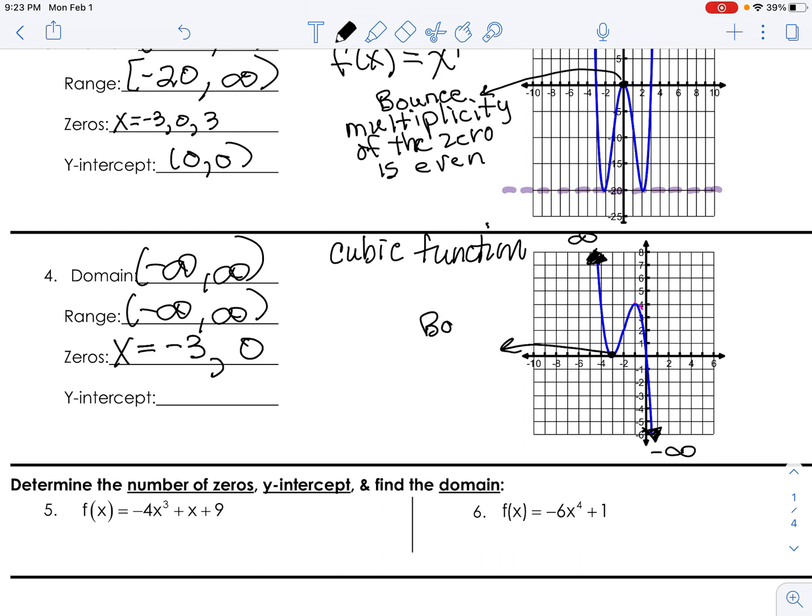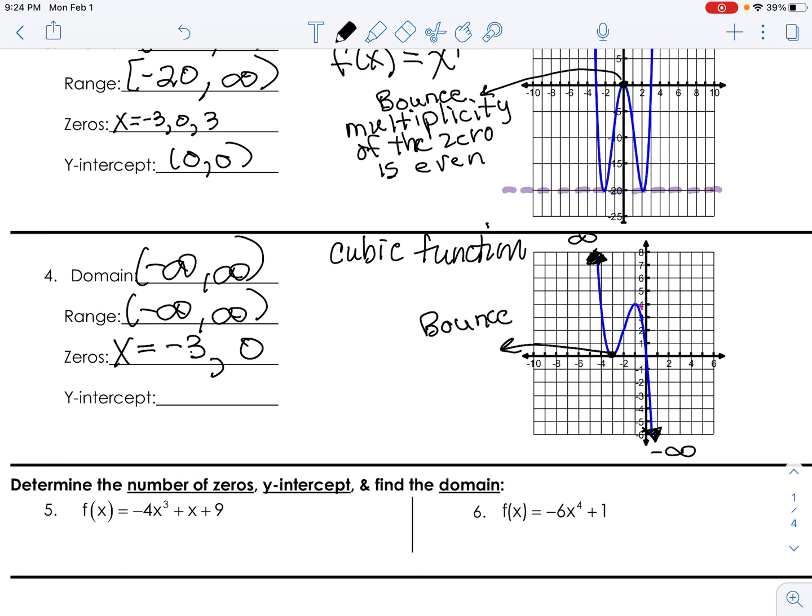Now we do have here another bounce. Okay, so there's a bounce there. And what that means is that the multiplicity of the 0 is even, meaning that that 0 will occur twice as a factor.